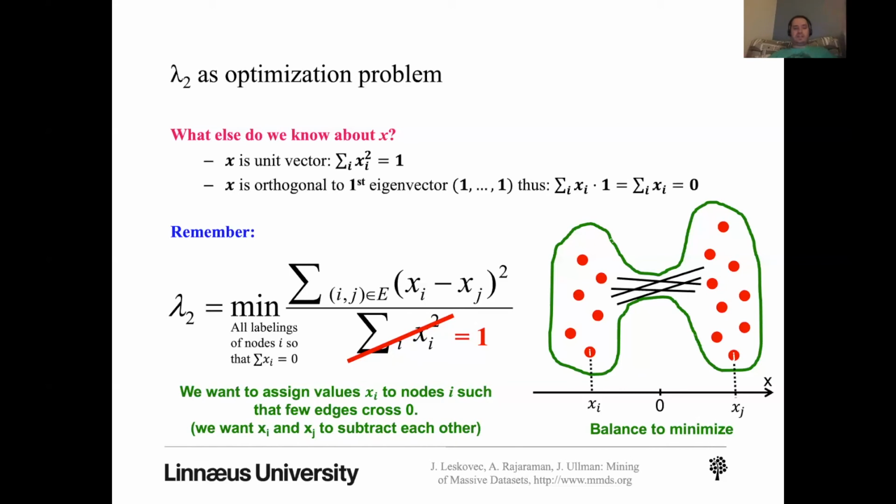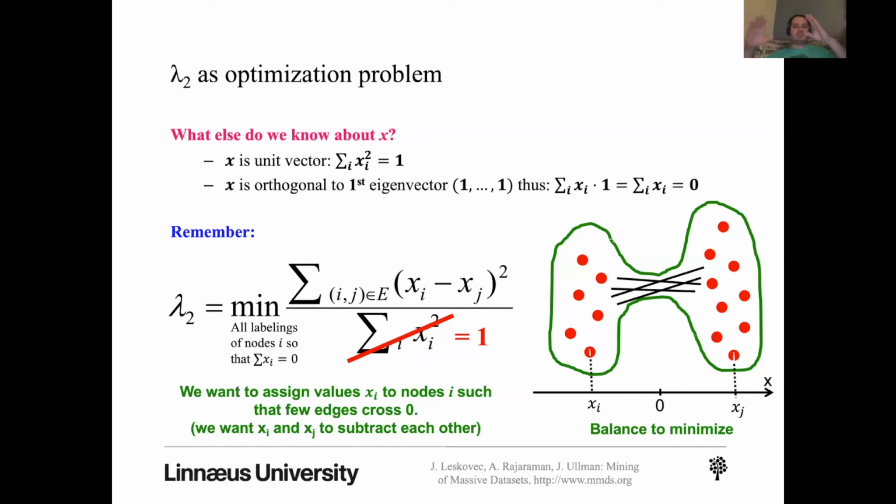So you find the second smallest eigenvalue. You find the associated eigenvector to the second smallest eigenvalue, right? So let's call it the second eigenvector, which is orthogonal to the first one, and that is your solution. So you get this vector.